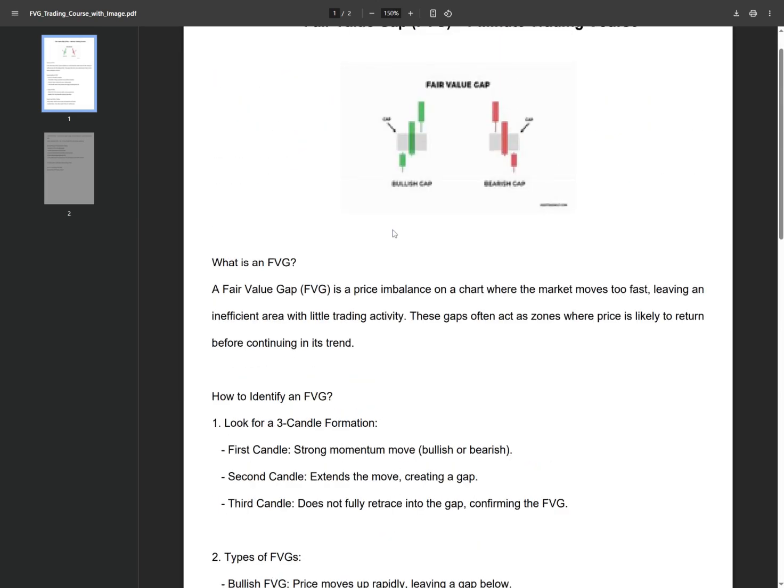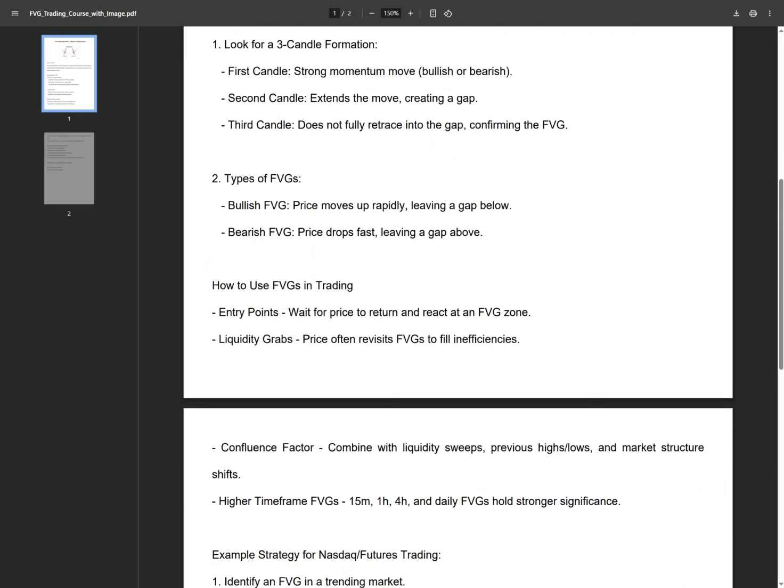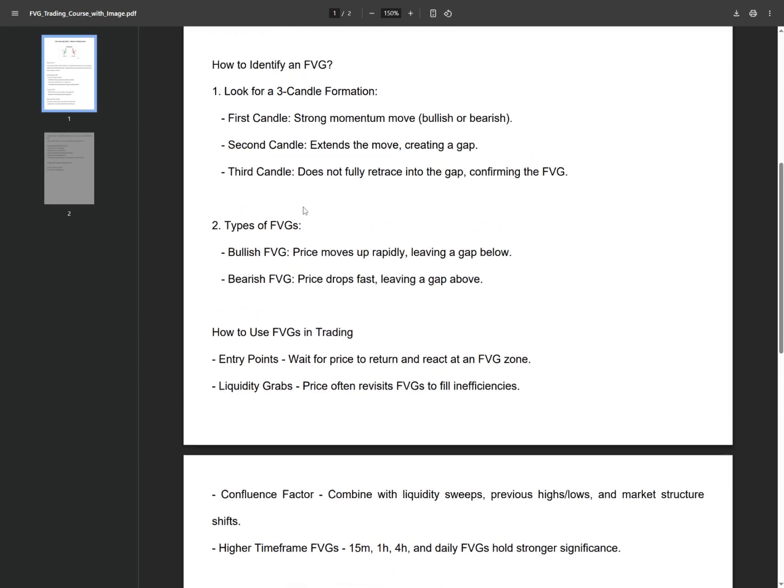This creates a gap in price, an inefficiency in price. Inefficiency is also referred to as a fair value gap.